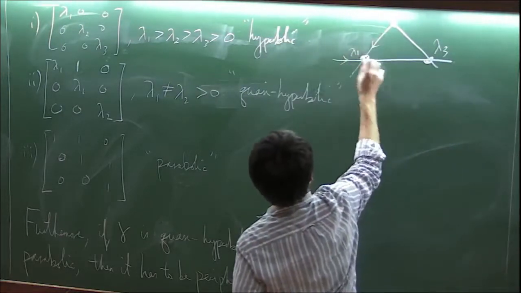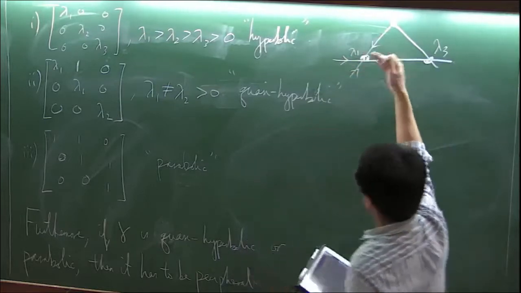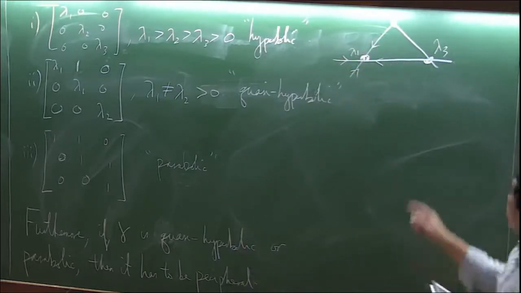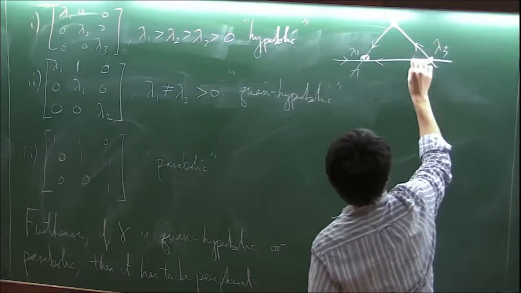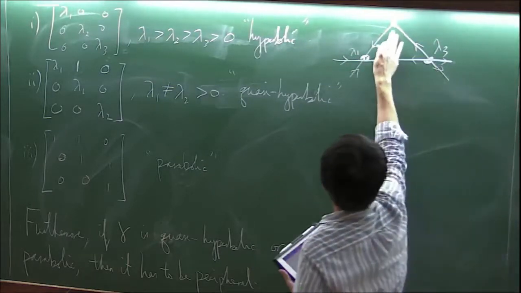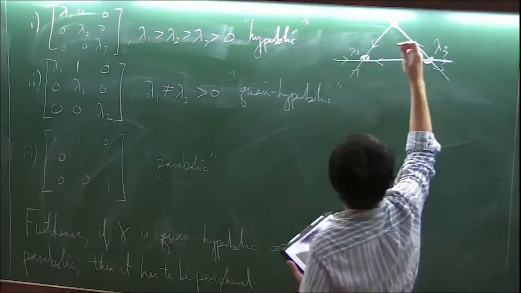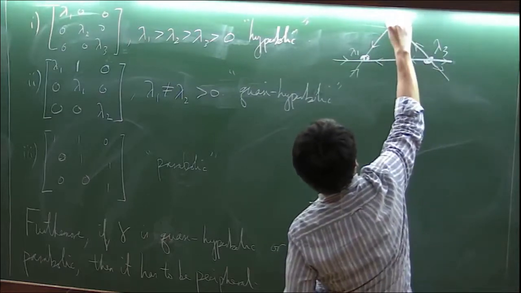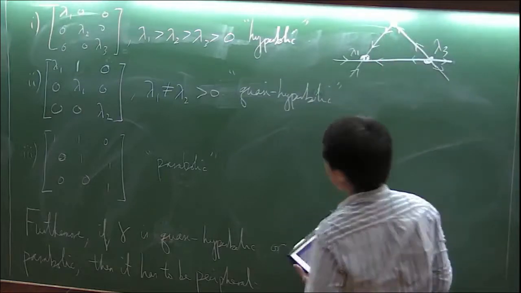So this is an attracting fixed point. Everything gets sucked into here when you hit this picture by the group element. This one, lambda 3, is the repelling fixed point, so everything's getting pushed away. And this point here is the saddle fixed point: in some directions it's getting pushed in, in some directions it's getting pushed away.